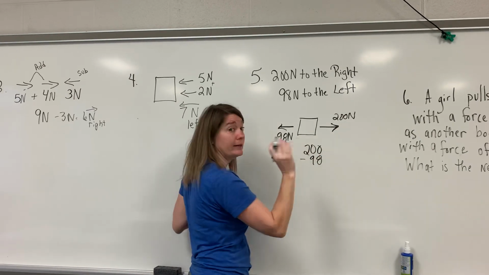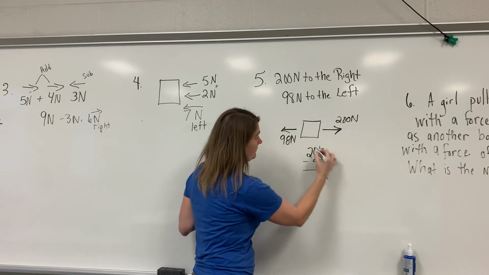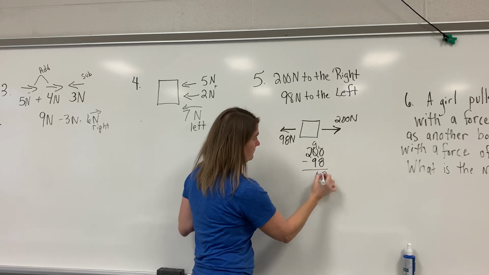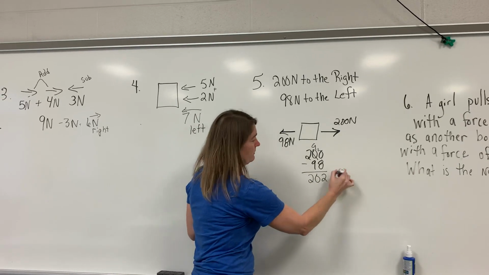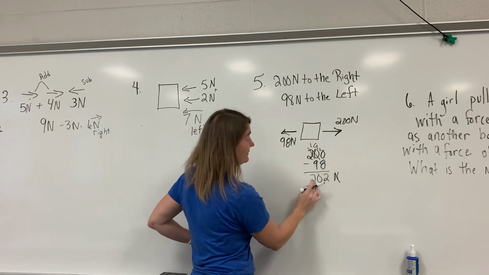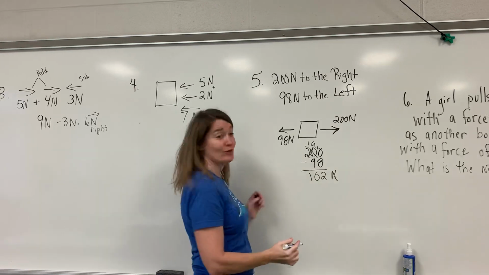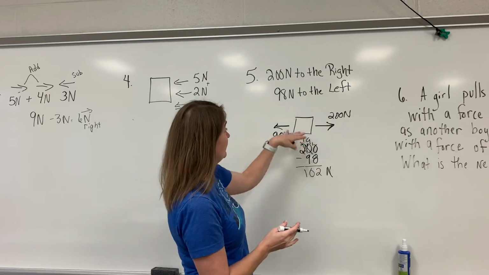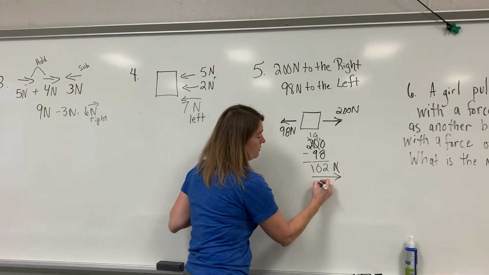And at this point, if you need a calculator, go ahead and get a calculator. And it should be 202 newtons. No, that's 102. Oh, I forgot to borrow. This is why we need calculators. Miss House is telling me I had the wrong answer. So now we have to figure out this one's bigger, so it's going this way, which is right.